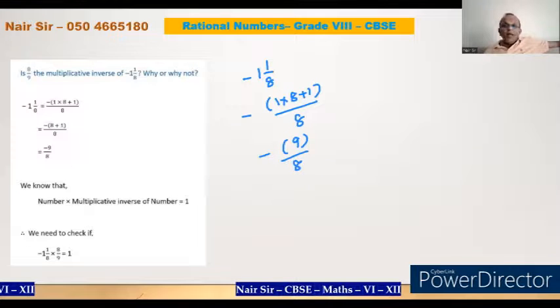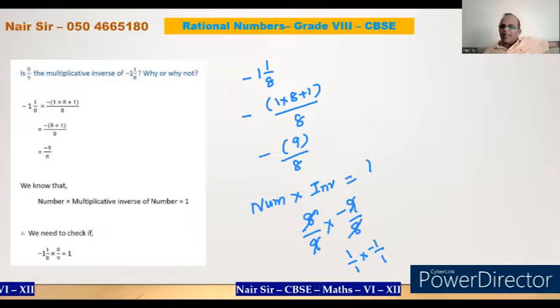Now, what do I know? A number multiplied by its inverse has to be 1. 8 upon 9 into minus 9 upon 8. Cut, cut, cut, cut. That is nothing else but minus 1 upon 1, which is equal to minus 1.